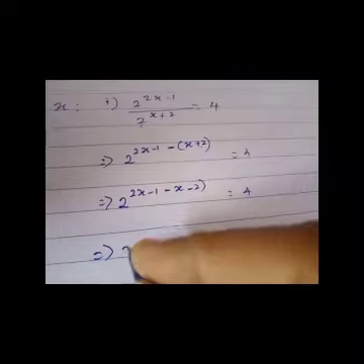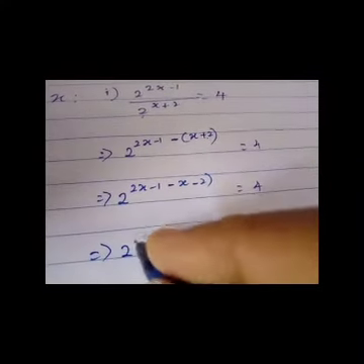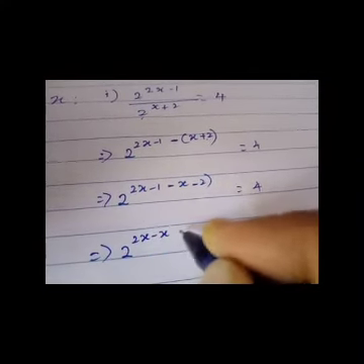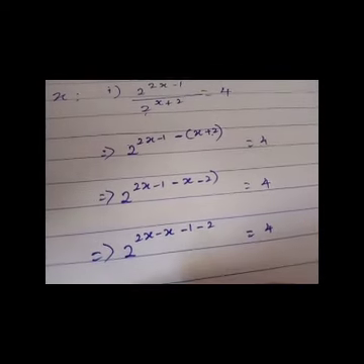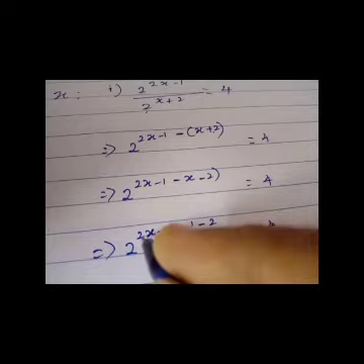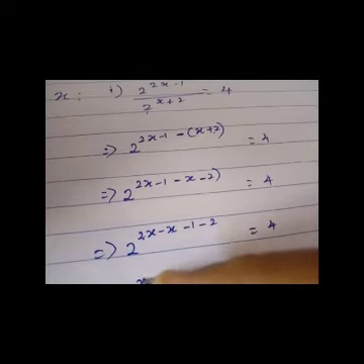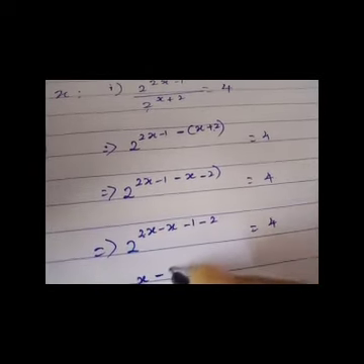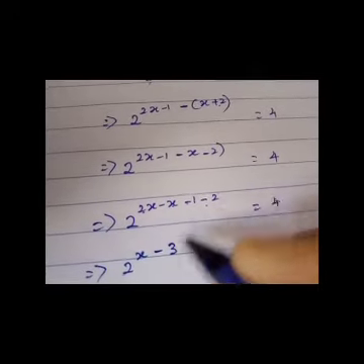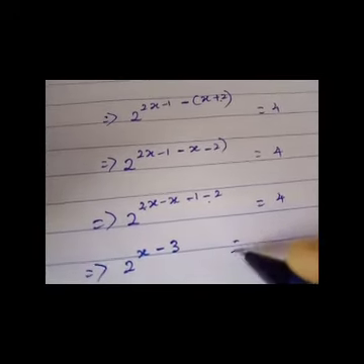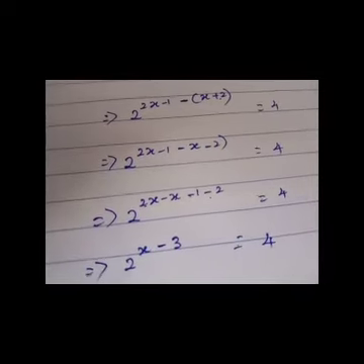Now bring the like terms together. 2x minus x minus 1 minus 2. So here 2 power 2x minus x is x minus 3. Minus and minus is plus. Minus 3 is equal to 4.